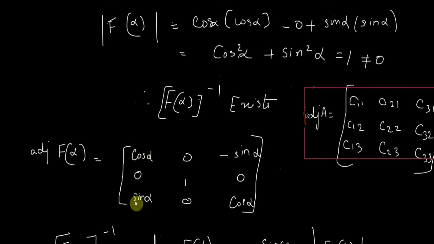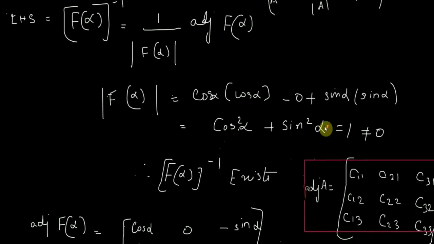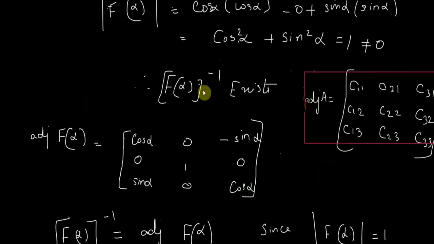So you need not take the transpose. Straight away you can do C11, C12, C13, and instead of writing like this, you can write like this and then find the adjoint straight away. Similarly, C21, C22, C23. Then C31. C31 is this number, so it will become sin alpha.